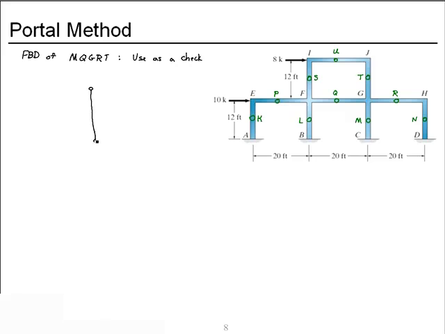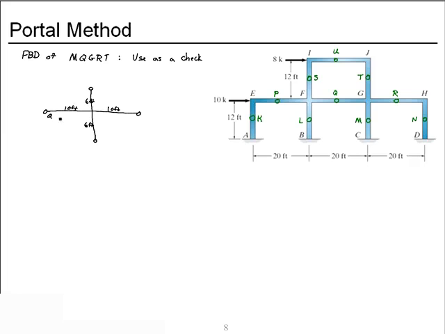So we'll draw that free body. This is 6 feet tall. This is 6 feet tall. 10 feet on this side. 10 feet on this side.